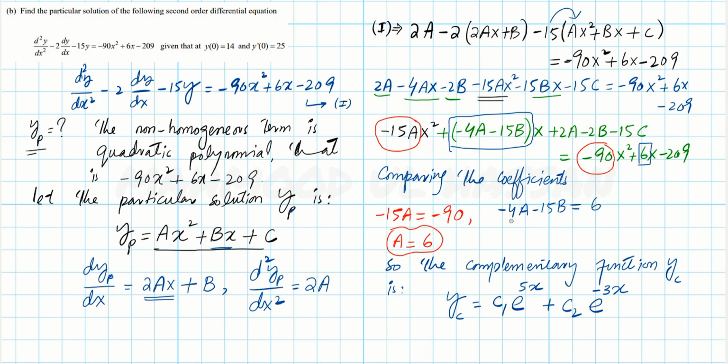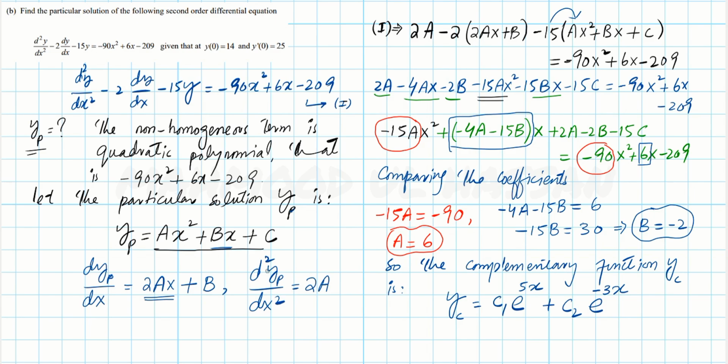So 6 times negative 4 is negative 24, and shifting to the other side, negative 15b is equal to 6 plus 24, that is 30. So you will get the value of b, that is b is equal to negative 2, because there is a negative sign with 15, and that is negative 2.